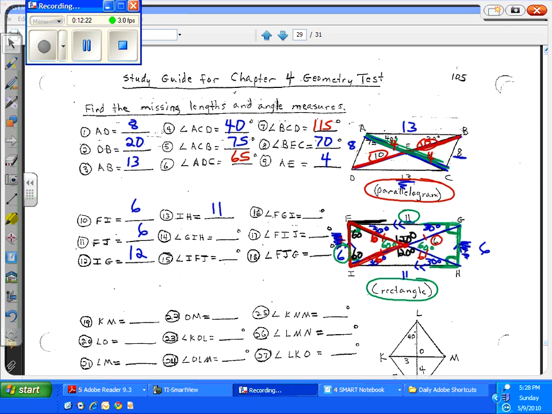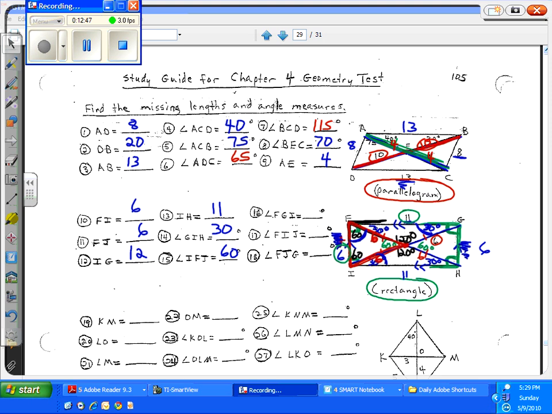Angle GIH is this angle down here, which was 30 degrees. Angle IFJ is this angle right here, which is 60 degrees. Angle FGI is this angle up here.